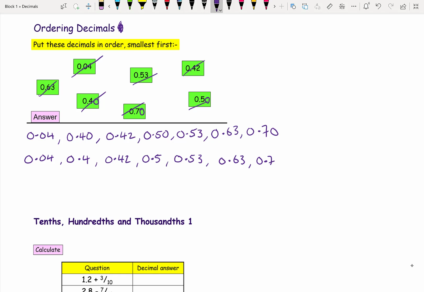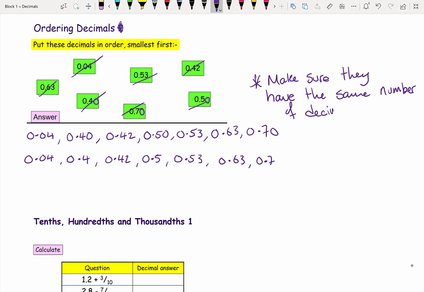So whenever we're asked to order them, first thing we need to do is make sure they have the same number of decimal places.